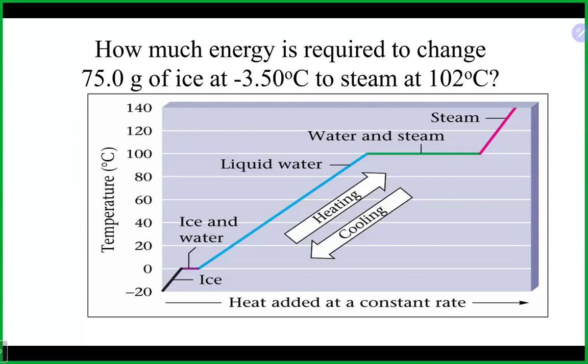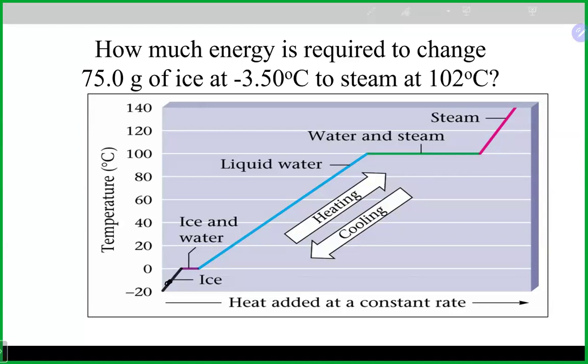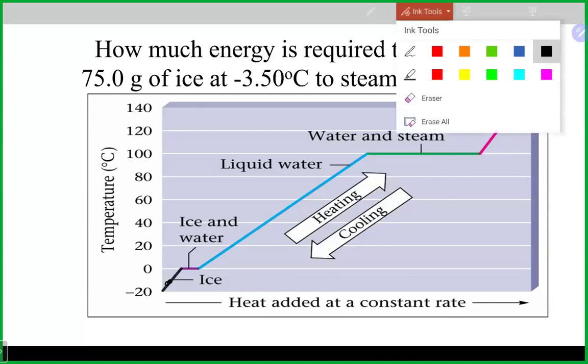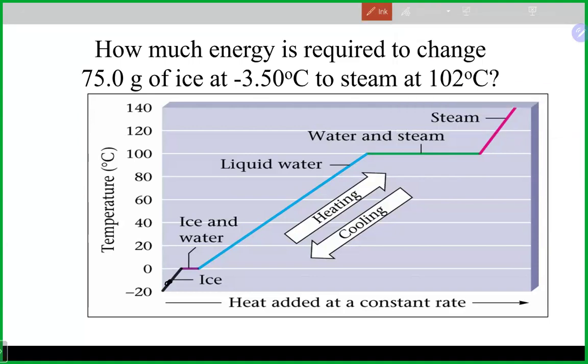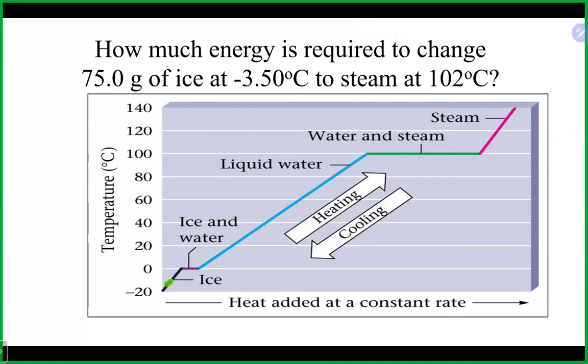Sometimes when you're doing a problem like this, it's helpful to have a curve like this and visualize where you're at. This is going to happen in multiple steps along the way. It's not just going to be one calculation step. So here's the deal. The first step is I'm starting at minus 3.5 degrees Celsius, down here.